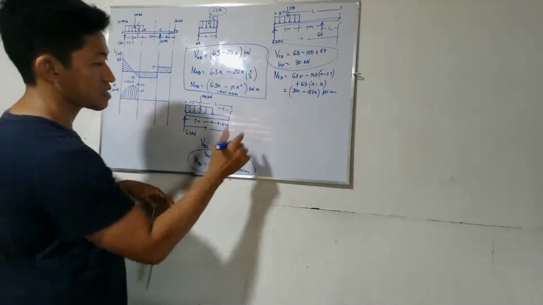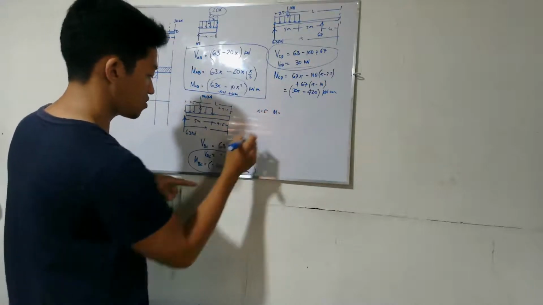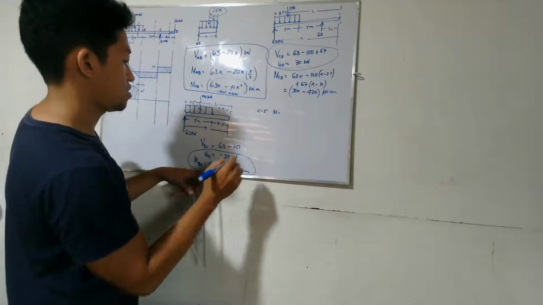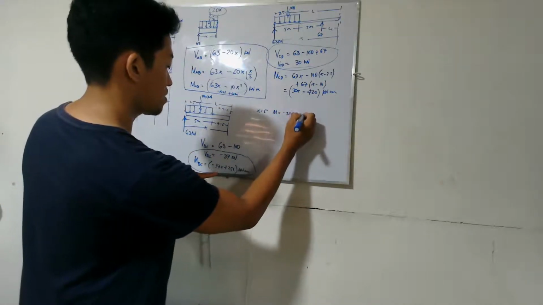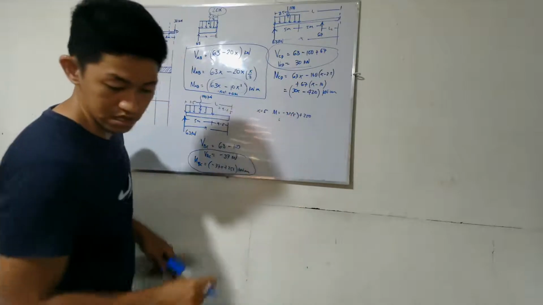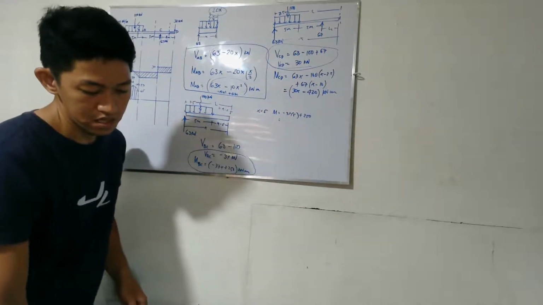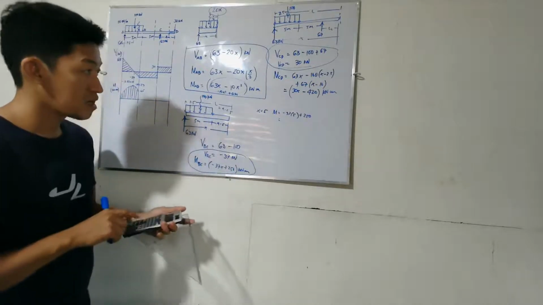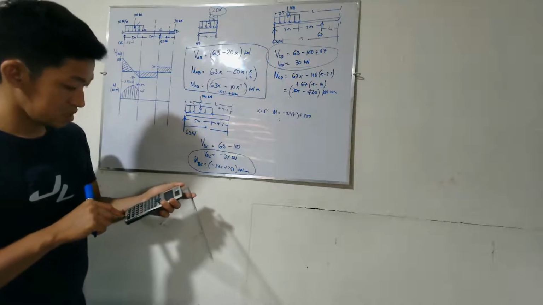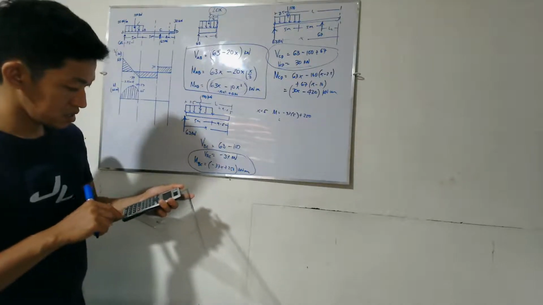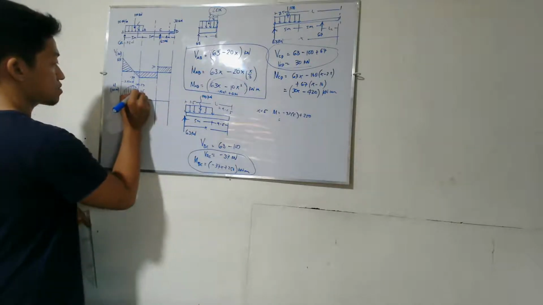X equals 5, M is equal to negative 37 times 5 plus 250. That is 65 again.